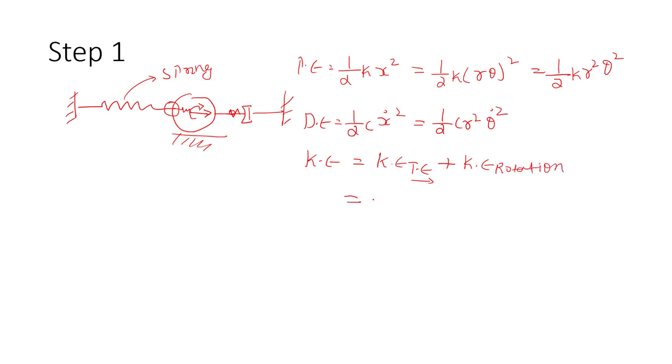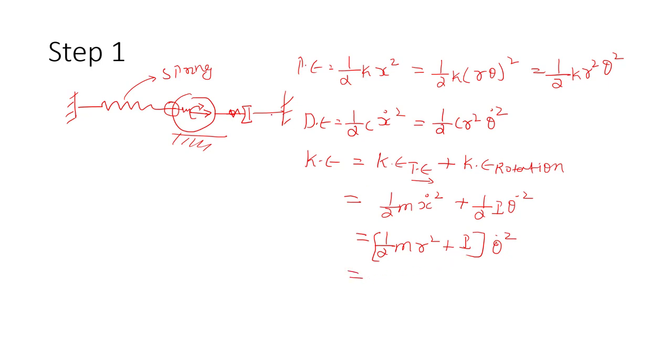If we recall, the kinetic energy was half m x dot square plus half I theta dot square. Now we can write it as half (m r square plus I) theta dot square.